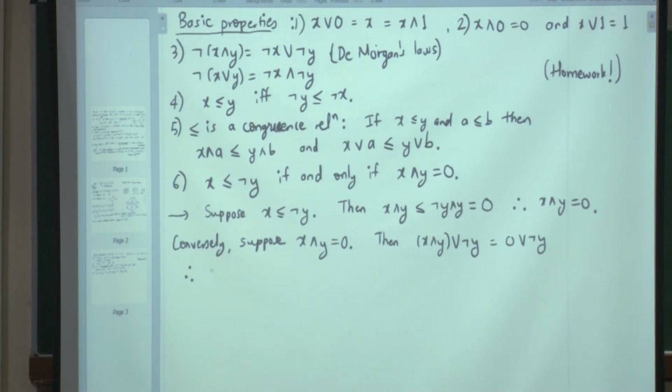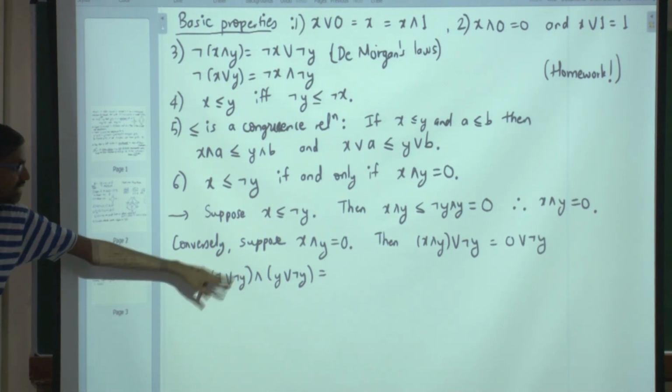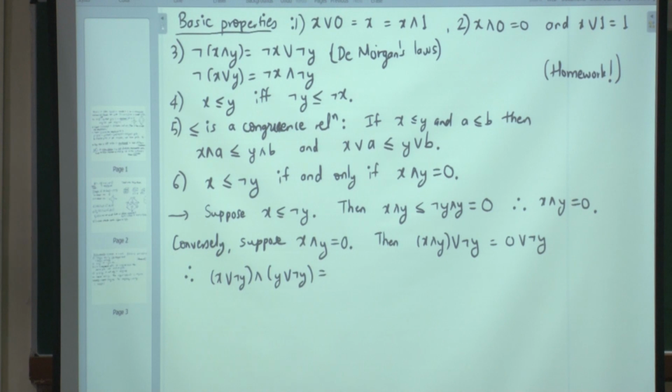See, let us open this bracket. So x join negation y and y join negation y. What is y join negation y? 1. So what is 1 meet anything? Itself.